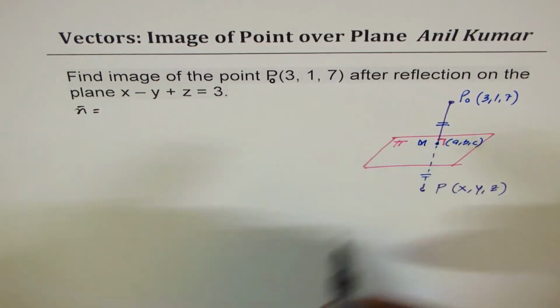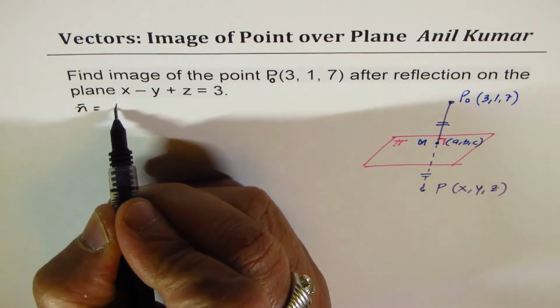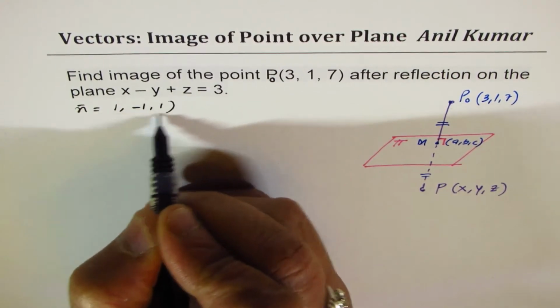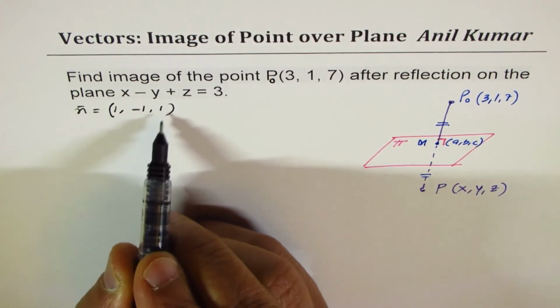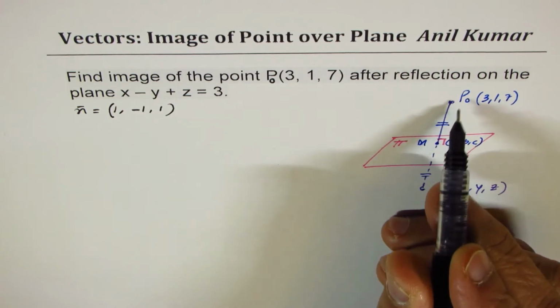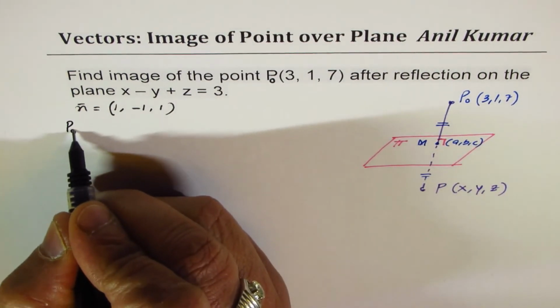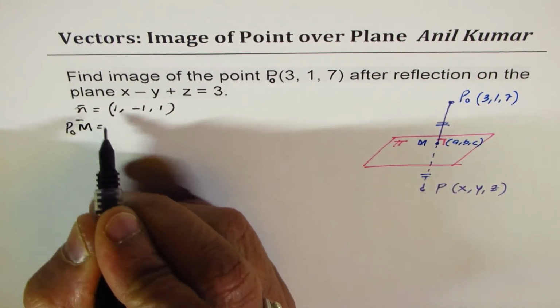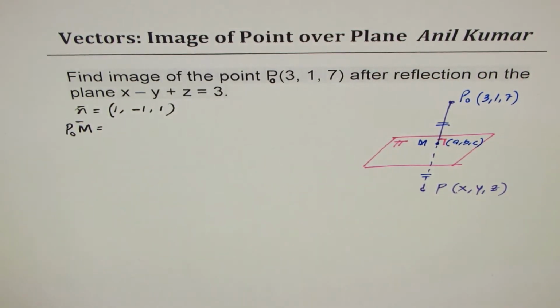So the direction here is (1, -1, 1). Now this direction and the direction of P0M are scalar multiples of each other.